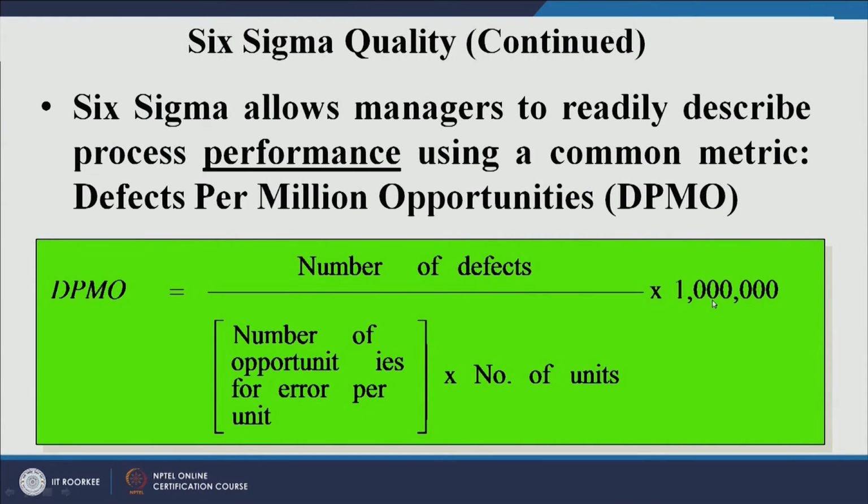So, this is the formula for calculating DPMO, defects per million opportunities.